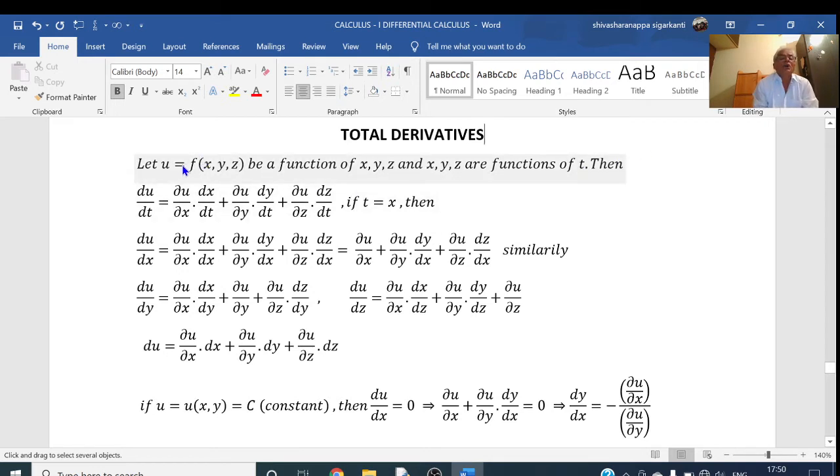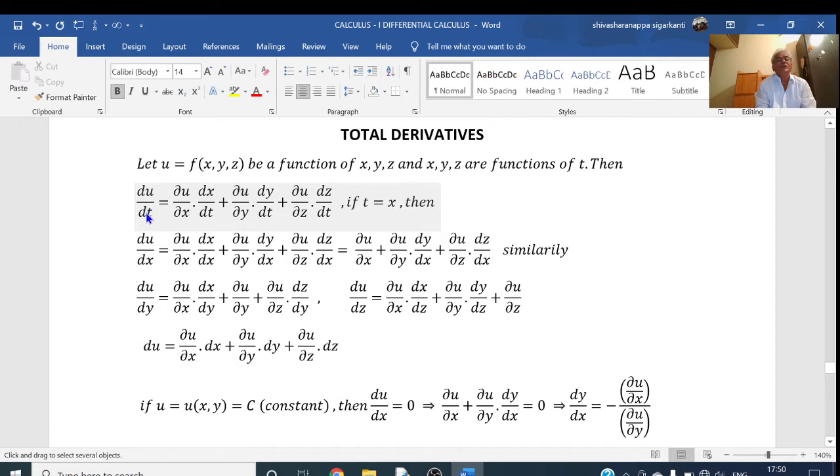Then we can find the differentiation of u with respect to t. That is, we can find du by dt. To find du by dt, we use the partial derivatives here. Since u is a function of x, y, z, we can use the chain rule here.